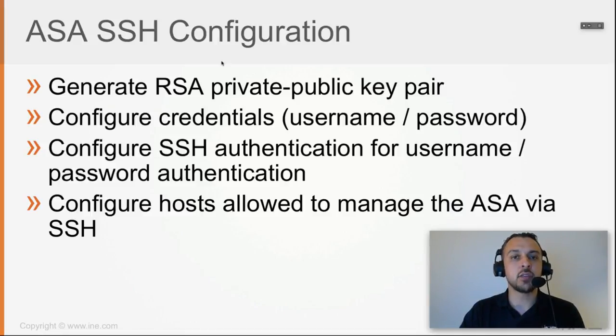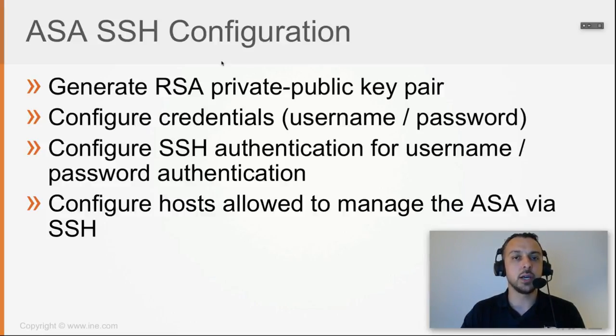While the ASA is the other way around. The router is open by default. You have to secure it. The ASA is closed by default. You have to open it for specific management sessions from specific sources. Because the ASA is a dedicated security device, it makes sense that by default it's closed.